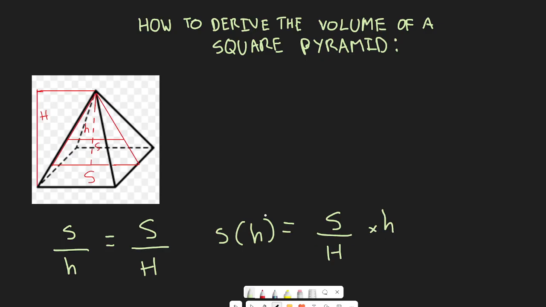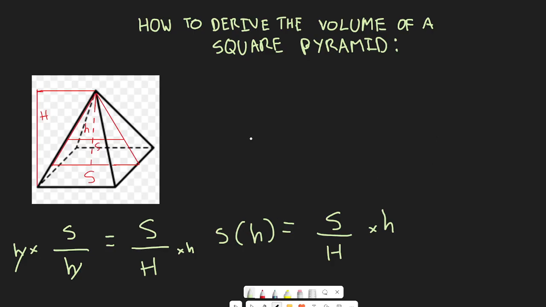If you don't understand what happened here, we just multiplied by h on both sides of the equation, right? So the h's cancel out, and we get s of h. It's just a function of h, because this is a constant, remember? The side length of the total square pyramid base is set, it's just S. And the total height is also set, it's just H.